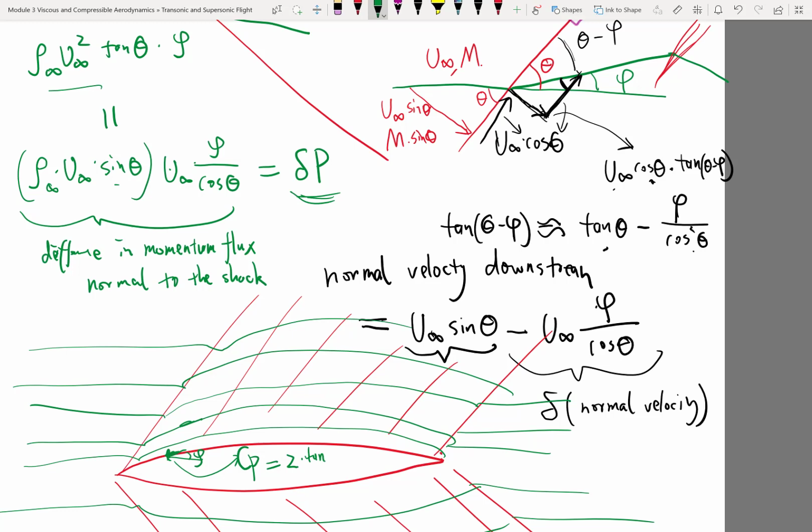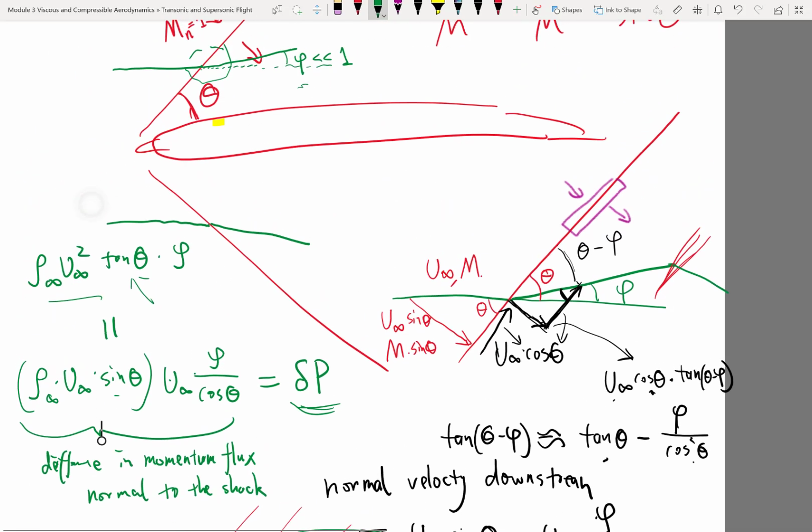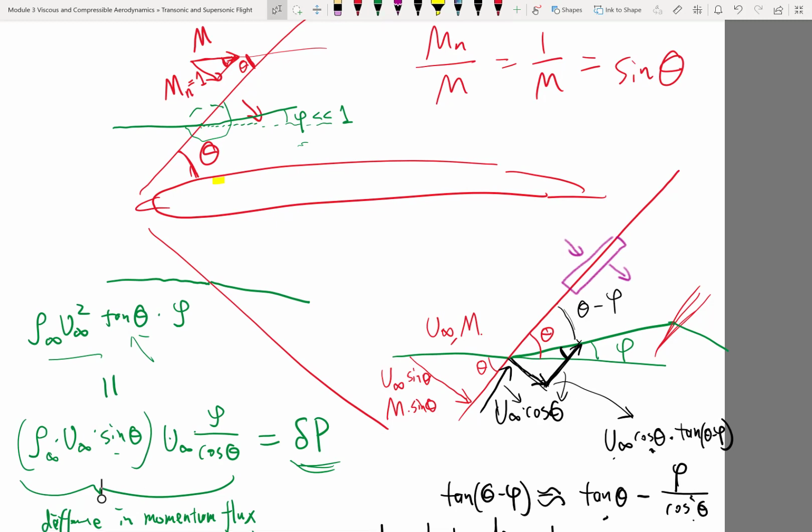Oh, by the way, because we know theta is equal to arcsine of 1 over M, tangent theta is going to be 1 over square root of M squared minus 1, right?